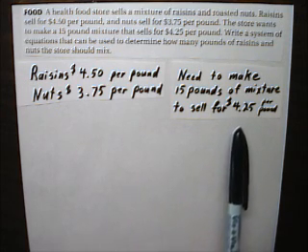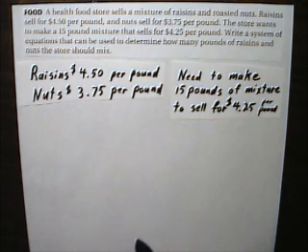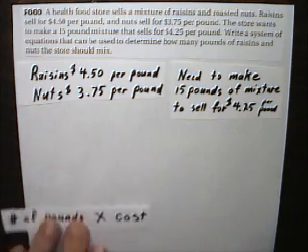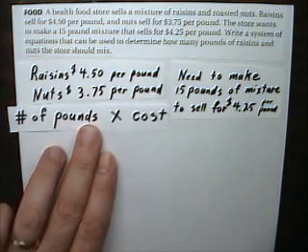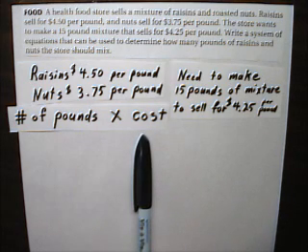And if the mixture was going to sell for more or less than either one of these costs, then that wouldn't make sense. So anyway, one thing we're going to have to do for sure is multiply the number of pounds times the cost.